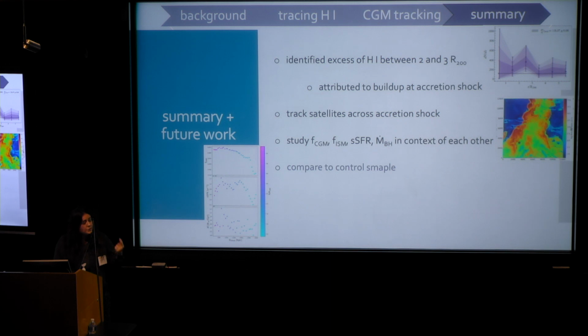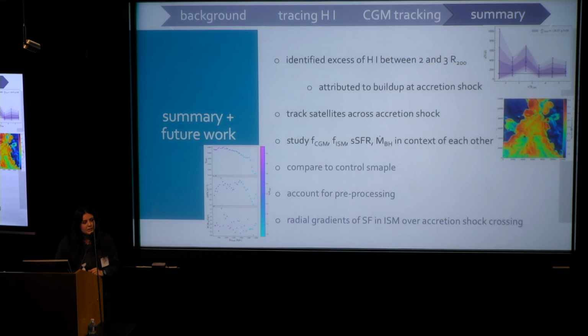Our future work will include identifying control samples, galaxies that aren't encountering the accretion shock, for comparison, as well as accounting for pre-processing to make sure there isn't an additional contributing factor to the quenching. We'll also potentially look at radial gradients of star formation in the ISM when these subhalos are going through the accretion shock to see if there's anything interesting happening there.